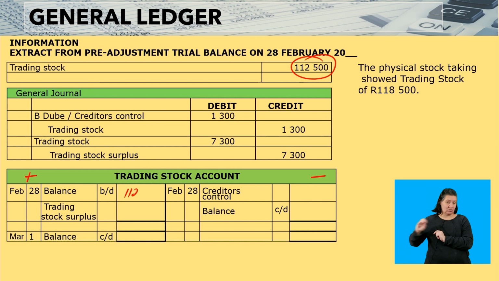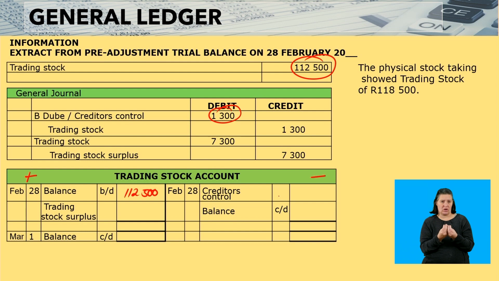So I'll come here, 112,500. That is my opening balance of stock. And then, was there any stock that was returned? Yes. Remember, we returned stock to Dube, and that was 1,300. So I'll come to the credit side.